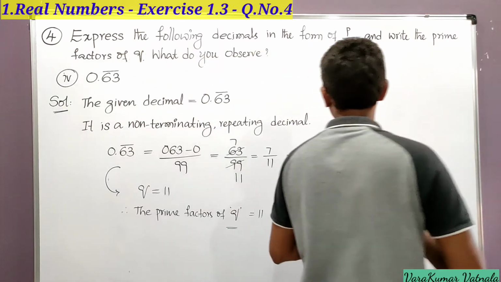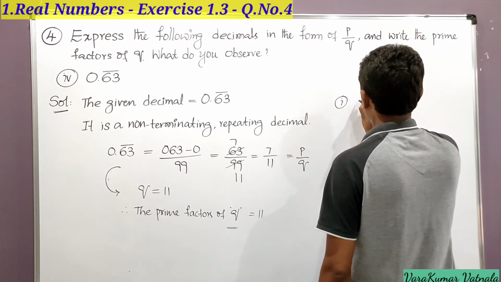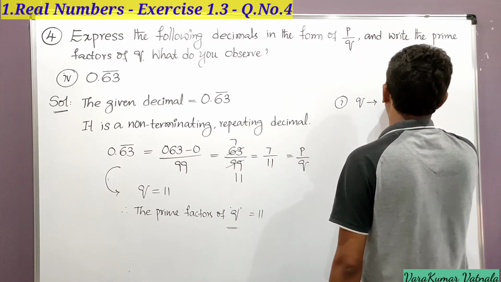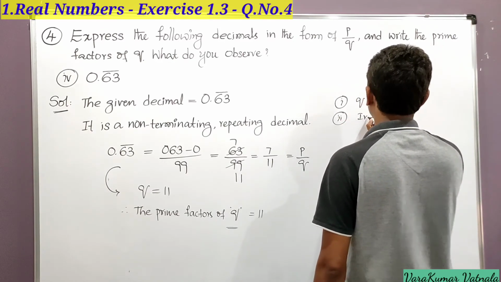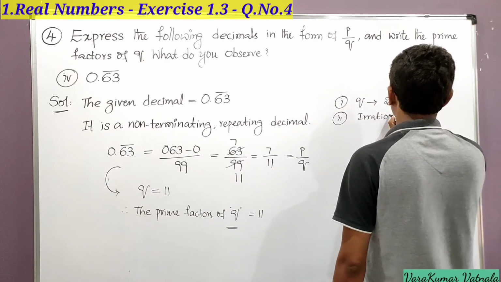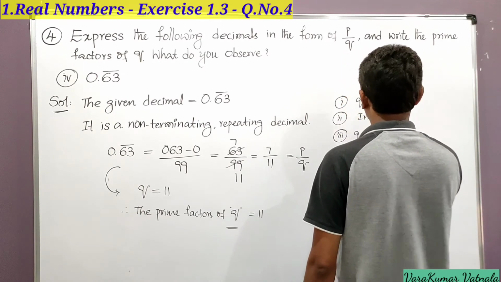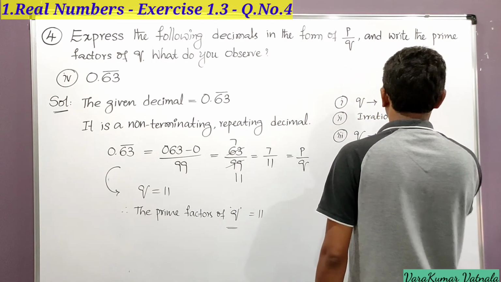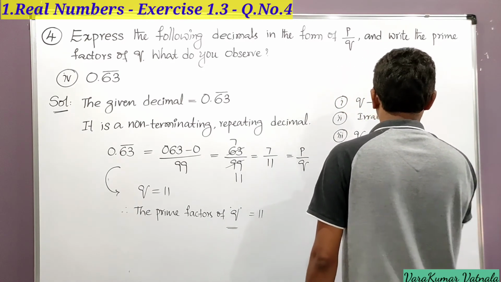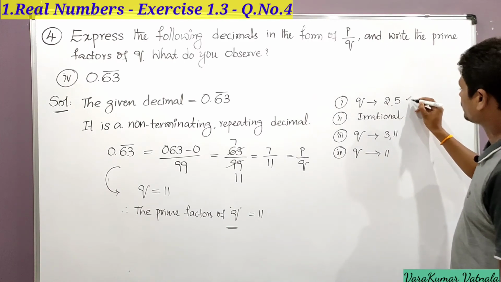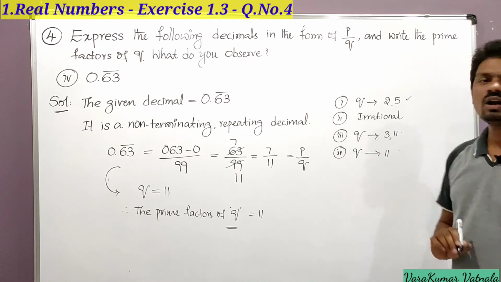We have observed that in the first bit, 43.123, the prime factors of q are 2 and 5, and in the second bit it is an irrational number, so we cannot convert it into p by q form. In the third bit the prime factors of q are 3 and 11, and in the fourth bit the prime factor of q is only 11. The first is terminating, the others are non-terminating.